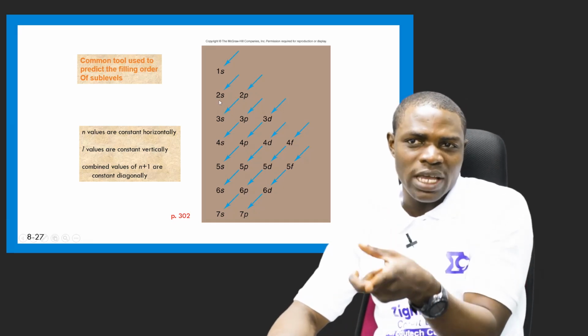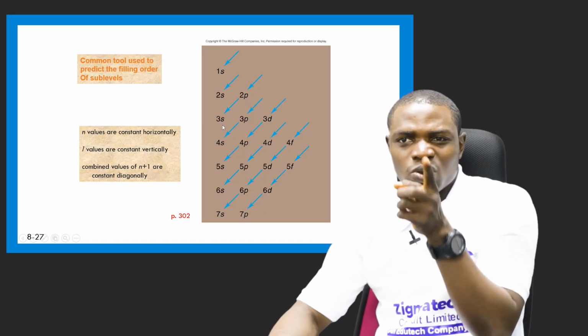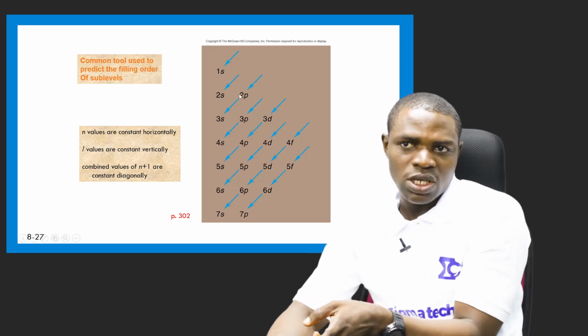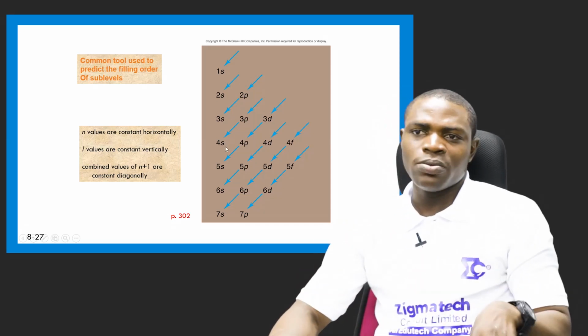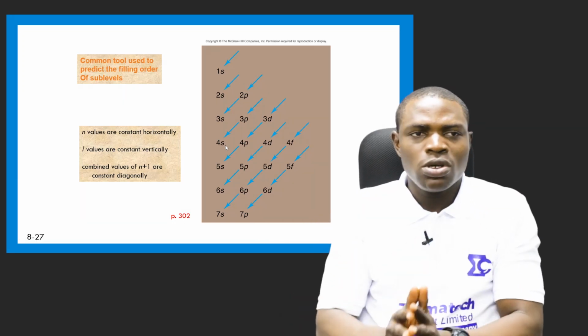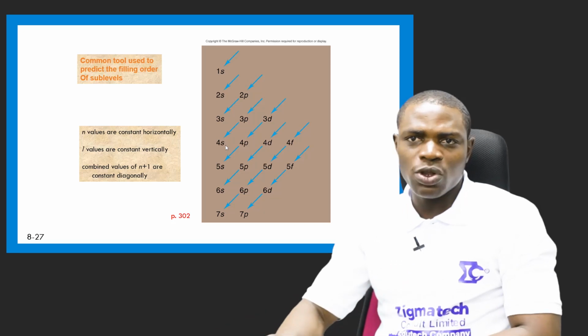You go from 2s to 2p to 3s. Under no account should you start from 4s after you are done with 2p. You go to 3p before you come to 4s. That is how it works. If you flout this rule, you cannot actually get it right. So to get it right, follow the rule.